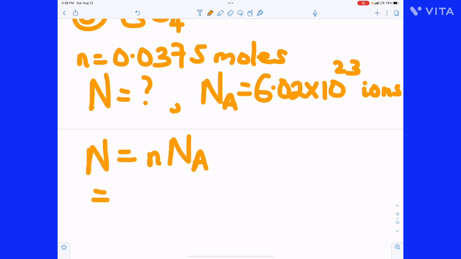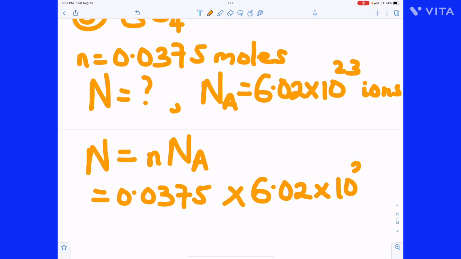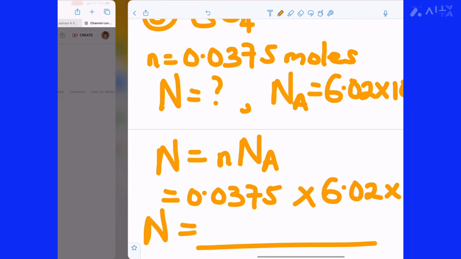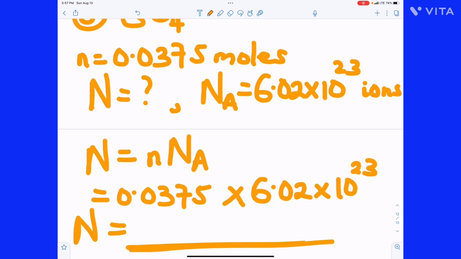So number of particles is number of moles, 0.0375, times Avogadro number, which is 6.02 times 10 raised to the power 23. Press your calculator and you get the number of ions present. So you write that the amount contains that number of ions of SO4 2 minus.